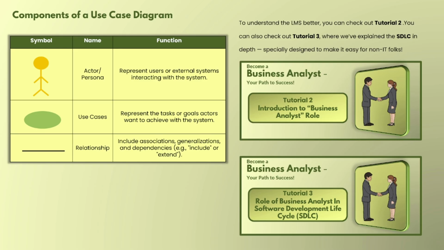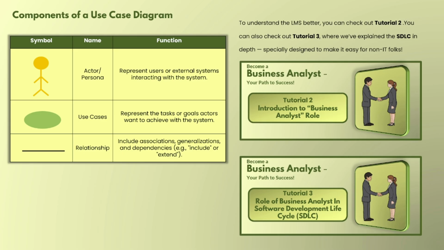It is just a fancy term, they call it in a different way, but just remember it is nothing but a task. It is simple, meaningful, and it provides value. The task may be apply for loan, check loan status, update profile, approve loan application, something like that. We can consider these as use cases.